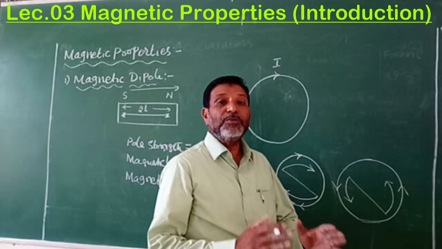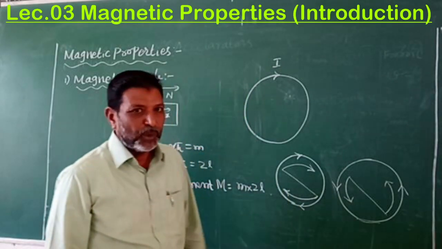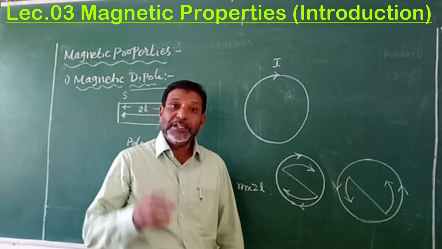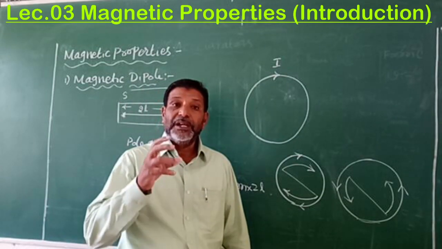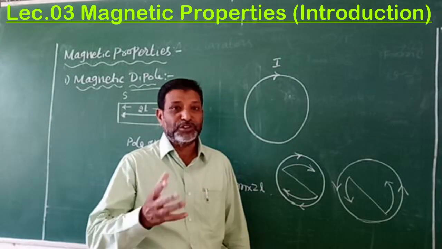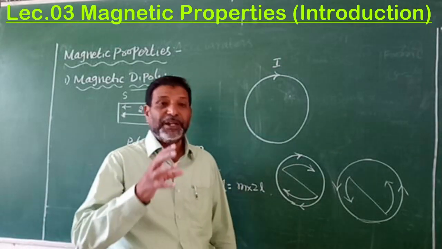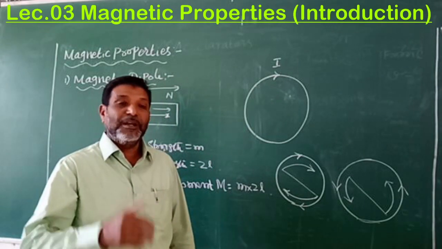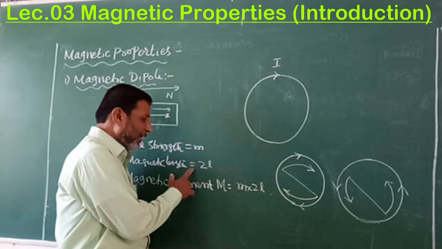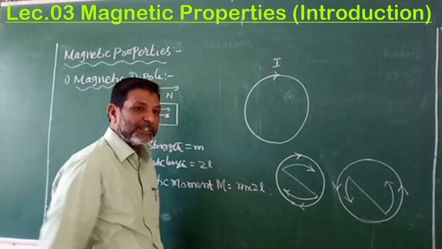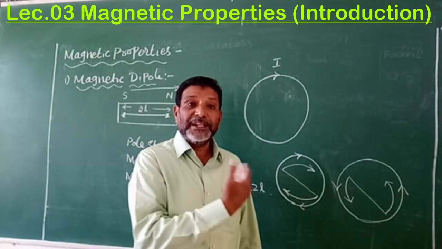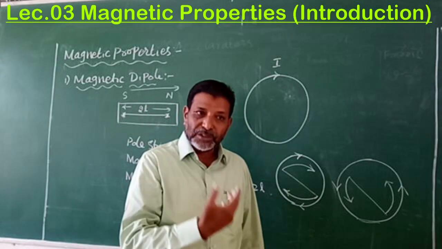Now see, this is a dipole. In magnetism, a magnetic dipole means it has two unlike poles of equal strength separated by a distance. And there is the pole strength, the magnetic length, the magnetic moment, etc. In a circular loop, when there is a current, it acts like a dipole, meaning it has two poles.